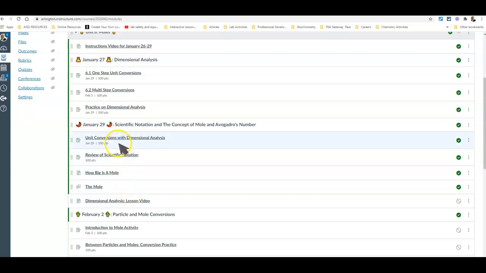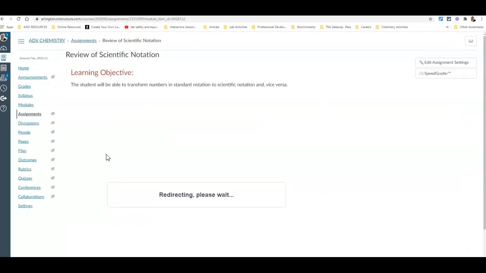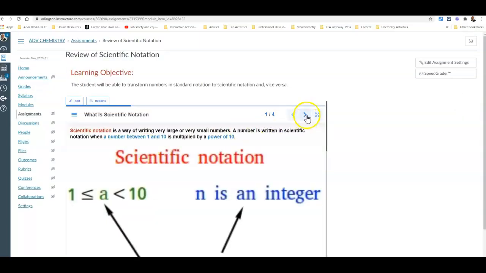Now, for today's lesson, the main part of today's lesson is going to be on scientific notation and also a brief mention about the mole. Now, let me quickly go over scientific notation. This is just about 4 slides.